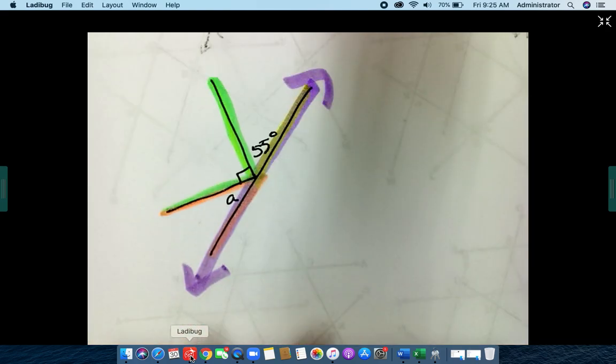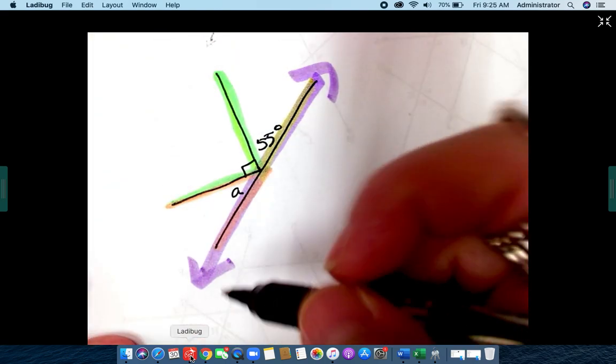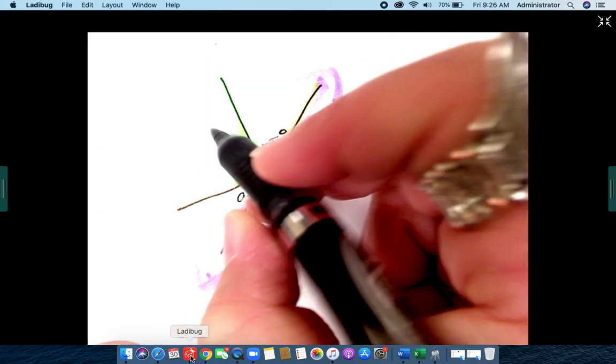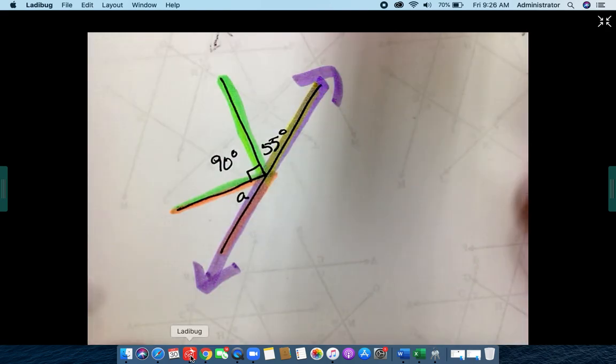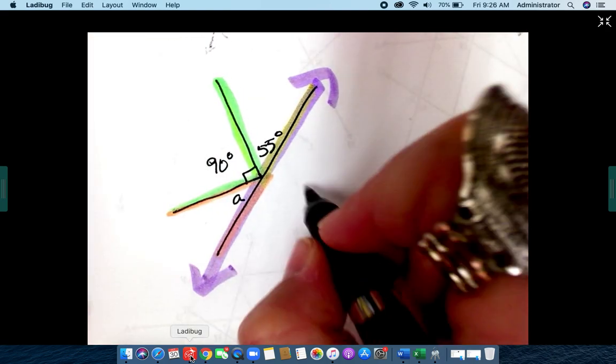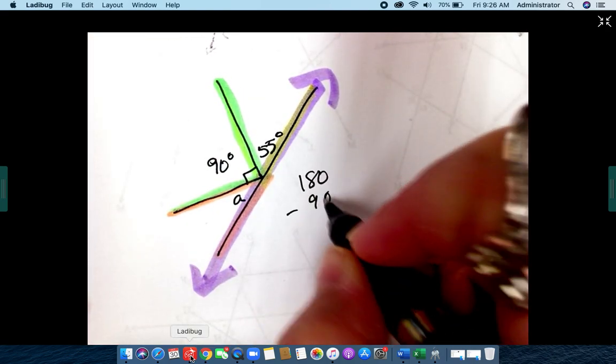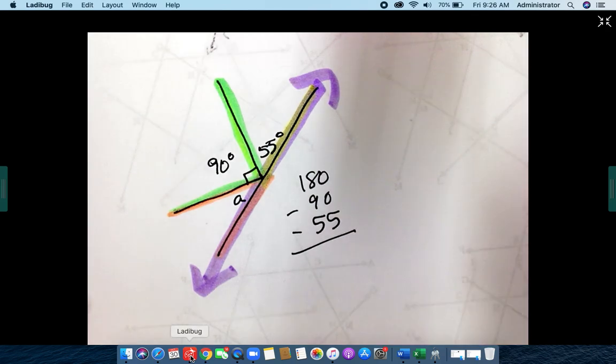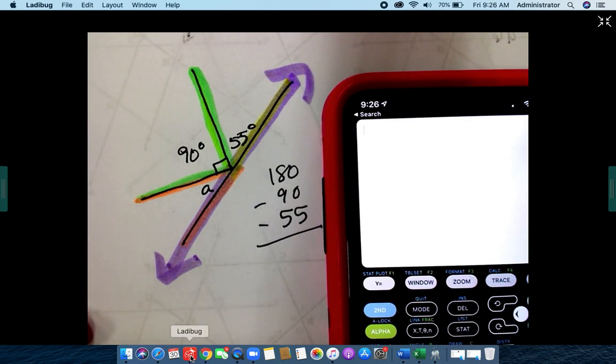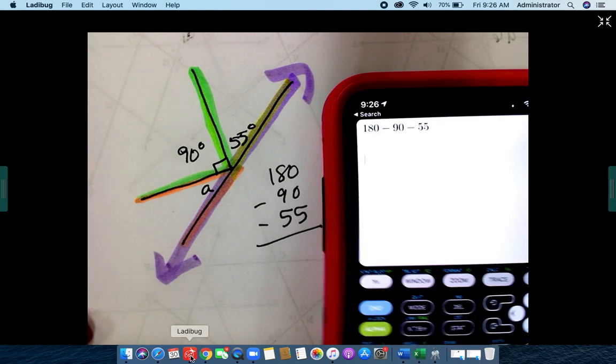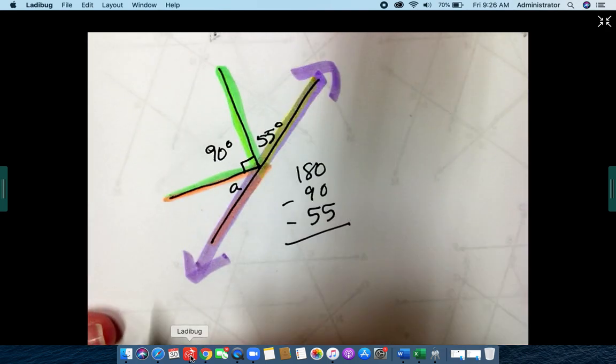So that means that all 3 of them add up to 180. So this box is like, you're supposed to understand, oh, that's 90 degrees. If I need to find A, then all it is 180, subtract 90, subtract 55. And that gives me a measure of 35 degrees.